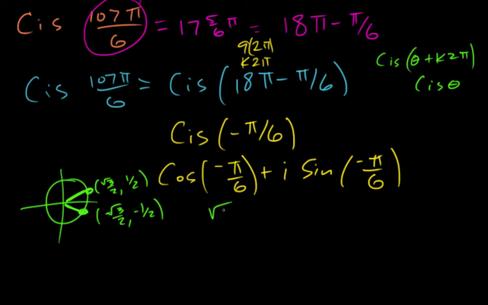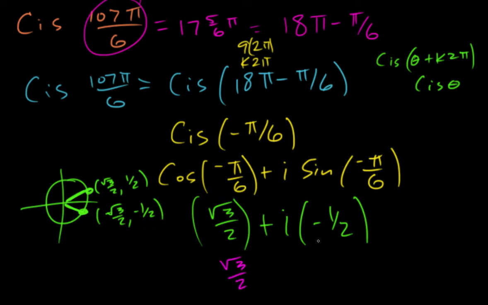Cosine value plus i times the sine value, so it's square root of 3 halves minus 1/2 i.